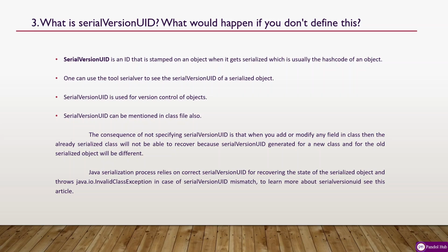Now you make some modifications to the employee class. After the modification, you try to restore the serialized object of the employee. When you deserialize it, it will throw an error because we have changed the employee class after serialization, so it says it cannot match. There is a mismatch in the version UID.